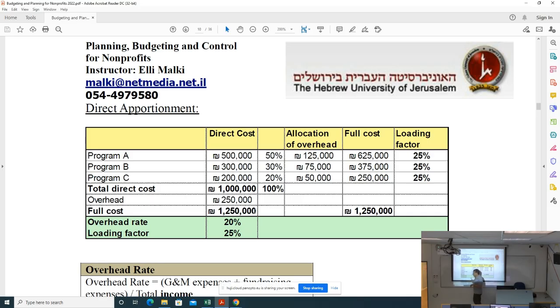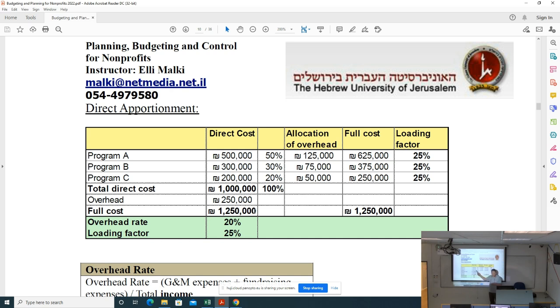In order to do that, I use an allocation scale, which is based on the direct budget of each one of the programs, by taking the weight or the part in percentage of that budget of the overall, and simply saying that if this program is 50% of the direct budget, I'm going to load on it 50% of the overhead, which is 125,000. So the full cost of the program will be 500,000 plus 125,000, 625,000.